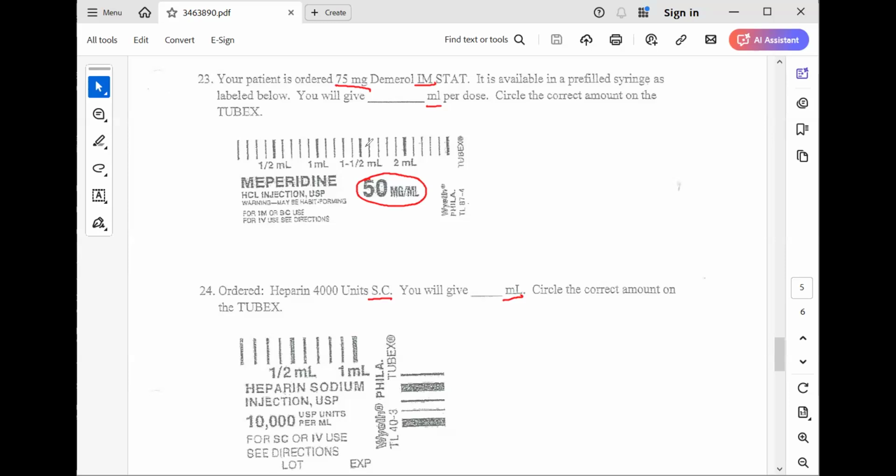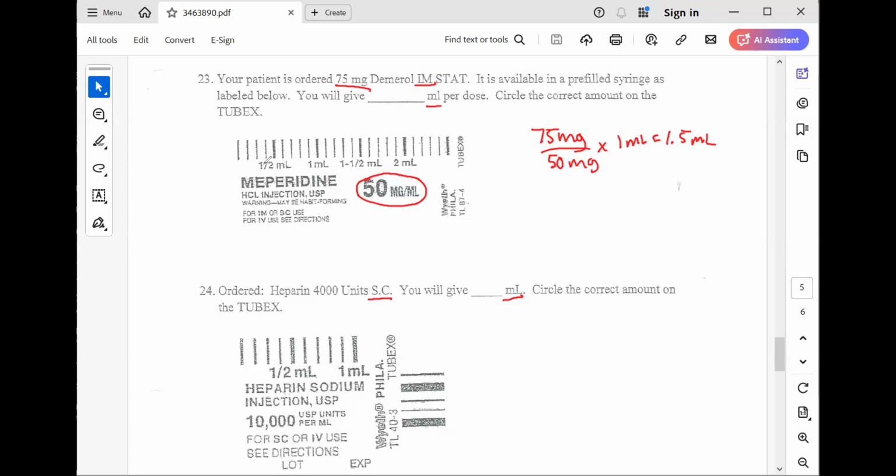We just need to calculate how many milliliters, and then put a mark on the TUBEX. So I'm going to take my 75 milligrams over my 50 milligrams times 1 ml, and 75 over 50 gives me 1.5 ml. Then I just look to see.